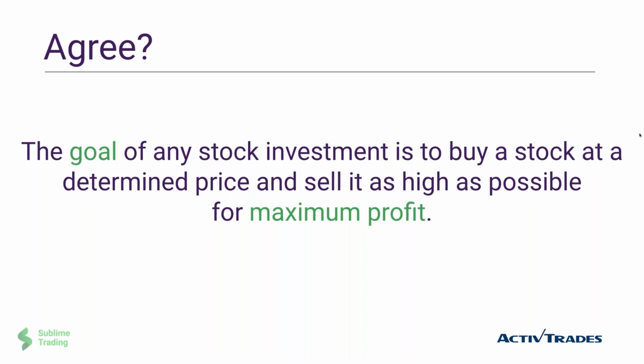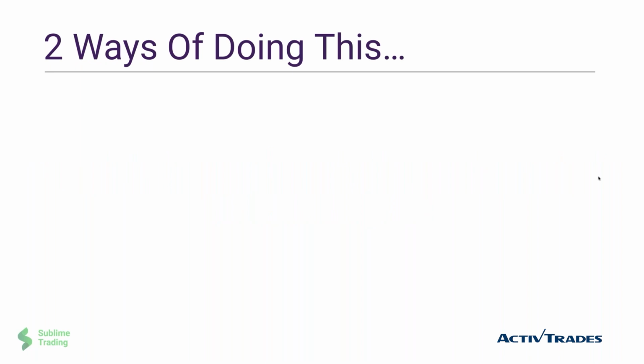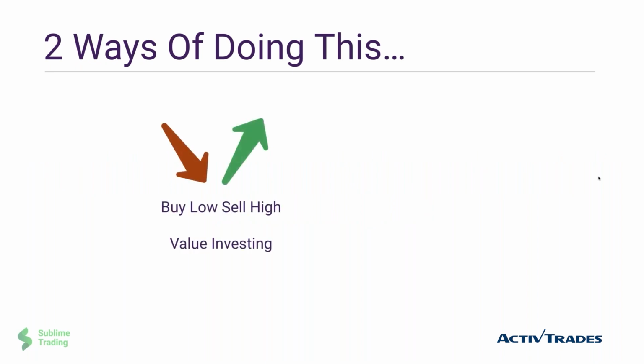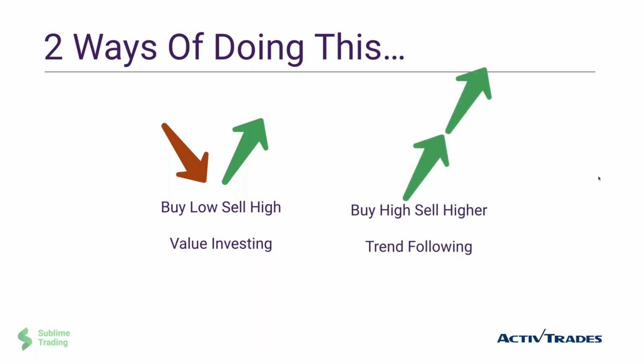Now, there are 2 ways that we can do this. One is the buy low, sell high methodology, which is better known as value investing. Warren Buffett has made this approach very famous, very popular. And then we've got the trend following approach, which is buy high, sell higher.